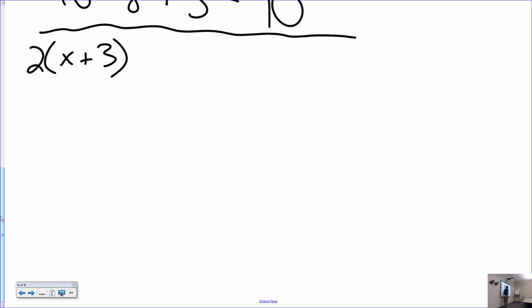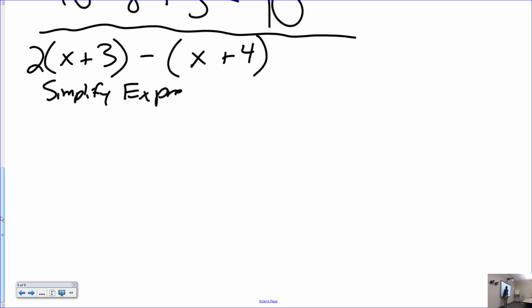Okay? So, with that bit of knowledge, what if I asked you to do, say, 2 times (x plus 3) minus (x plus 4)? And I said, simplify this expression. So when you're simplifying expressions that have parentheses, folks, distribute.